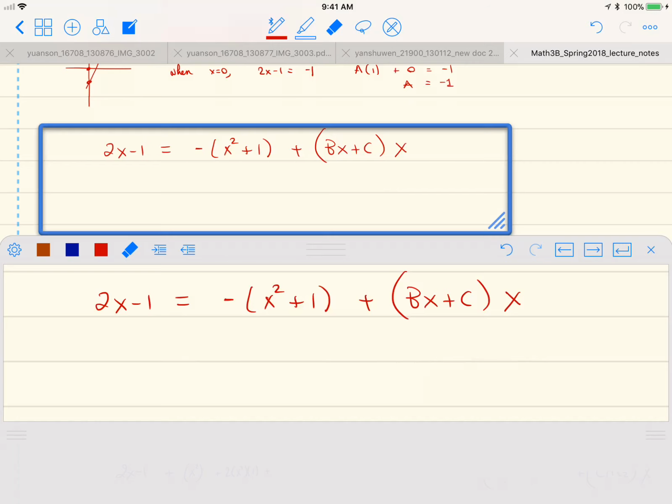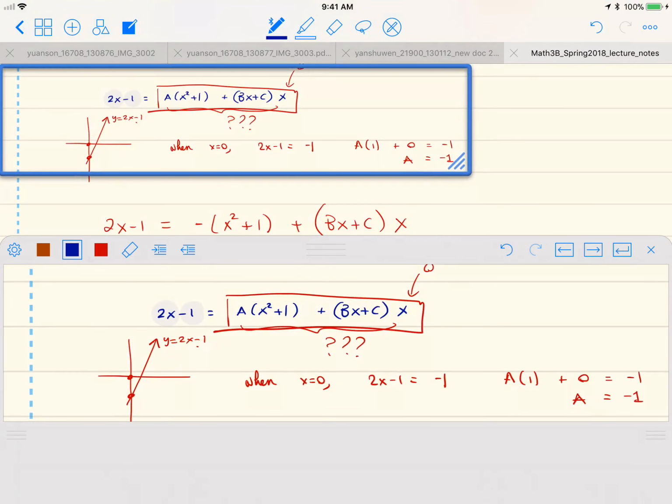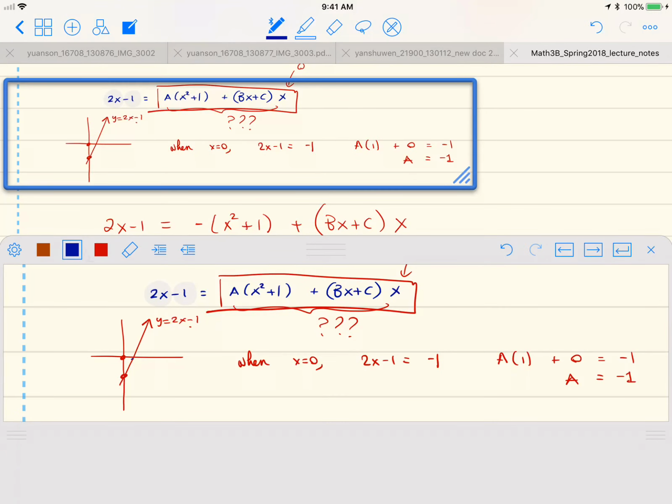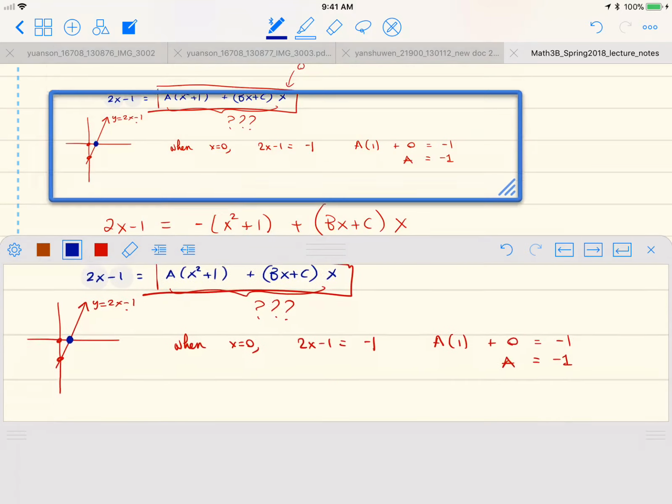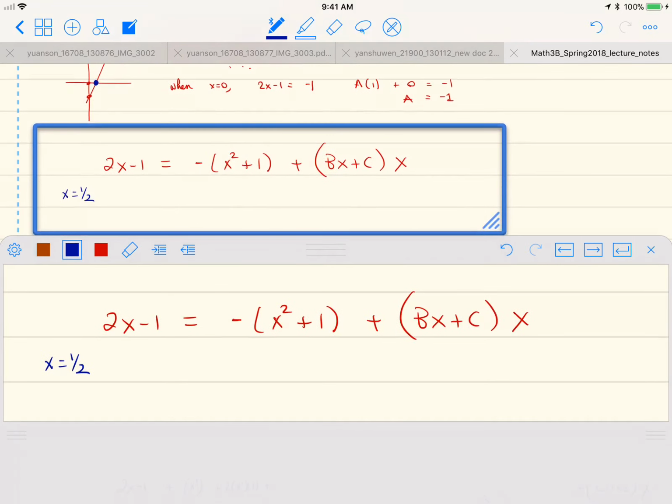Another thing I could do is plug in x equals 1/2, which is the same as going back to this graph and saying when x is equal to 1/2, y is equal to 0. So when the left-hand side is equal to 0, the right-hand side has to be equal to 0.